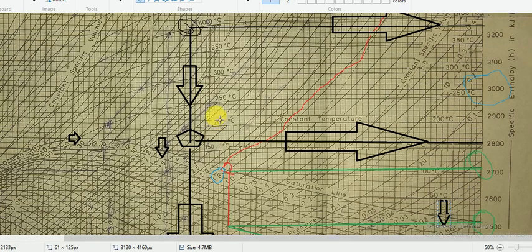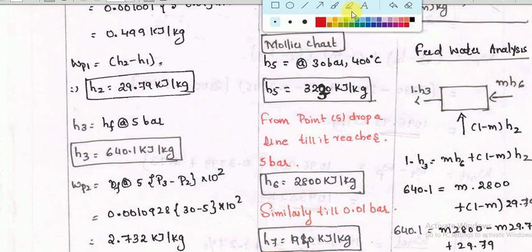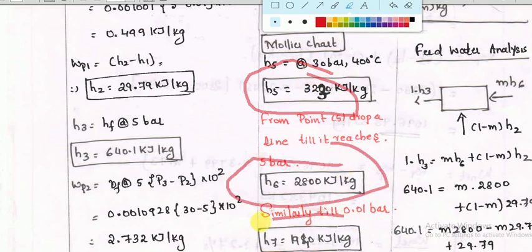After noting down these values, we can solve the problem and move ahead. So from the Mollier chart, we have been able to note down the values of H5, H6 and H7. Now, what will be our next step?